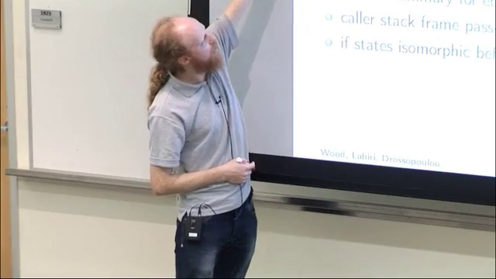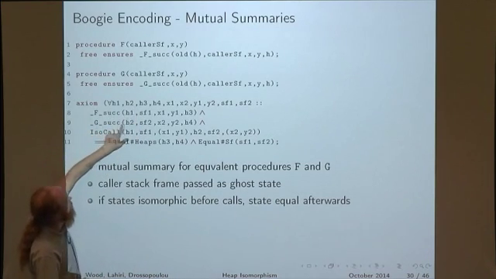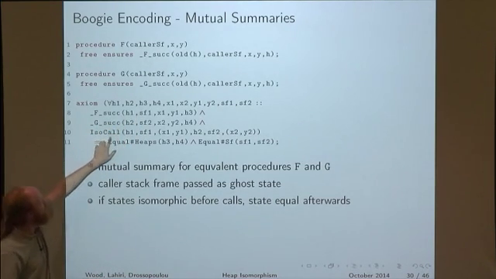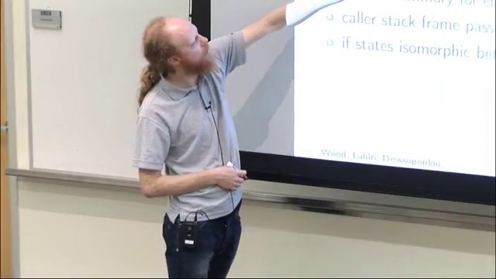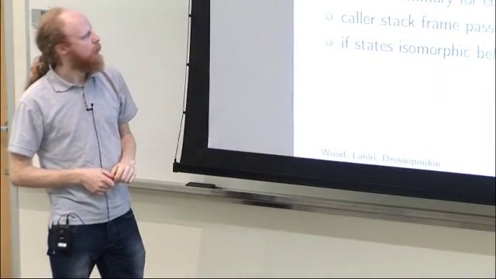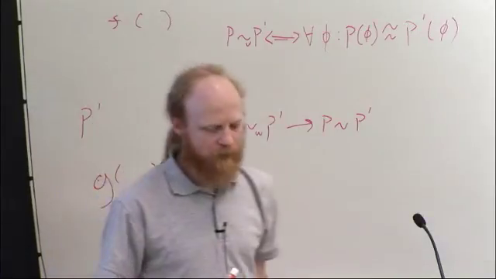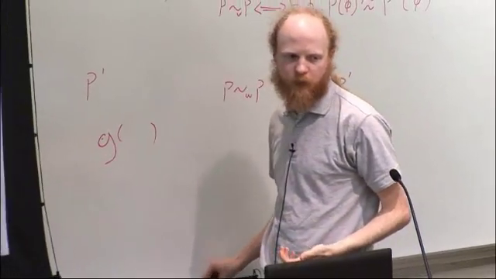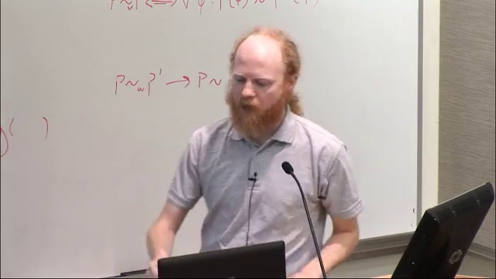And then we have this axiom which mutually summarizes these two procedures. This is the summary for a call to F, this is the summary for a call to G. If we can establish that the states are isomorphic before the call, then we get that they're the same after the call. This way we don't have to do any further work to match up which procedure calls match with each other. Boogie's going to search and try to match them up for us.